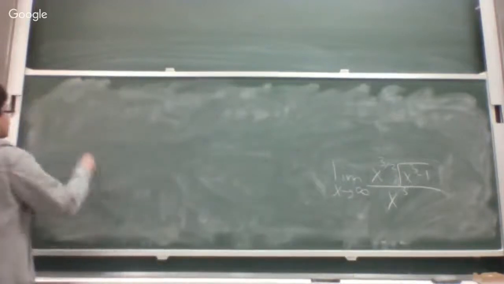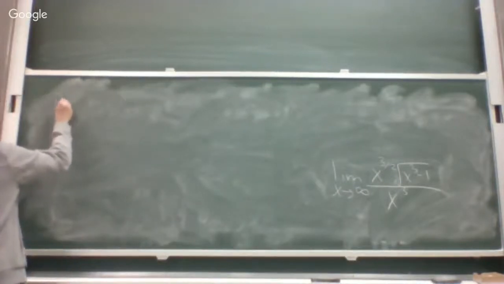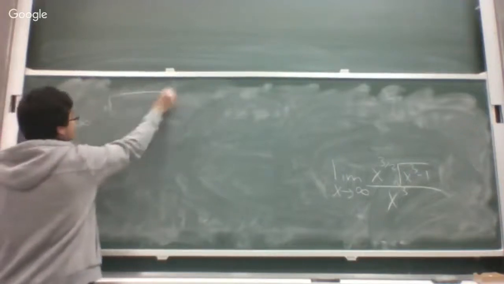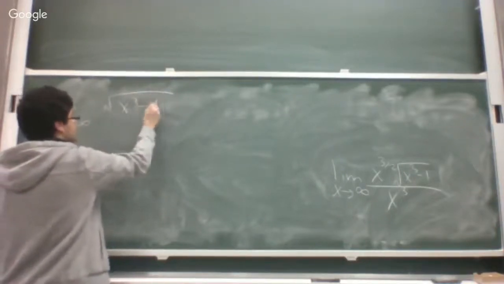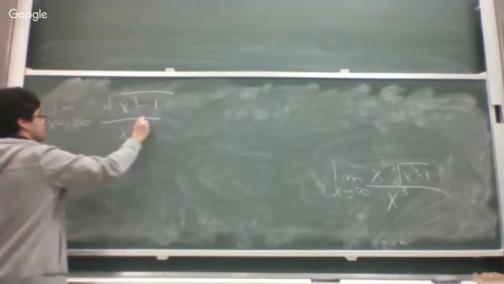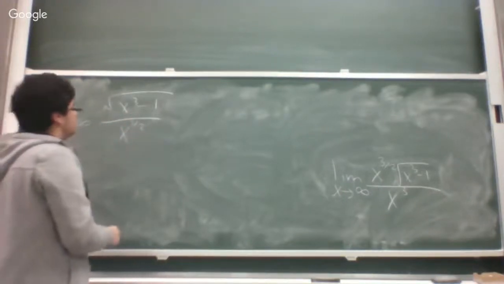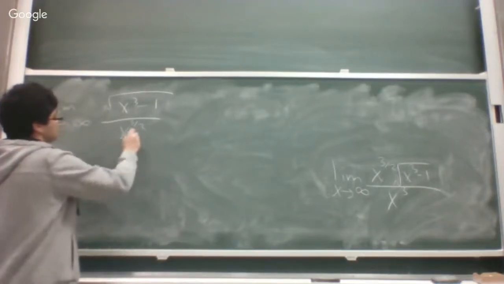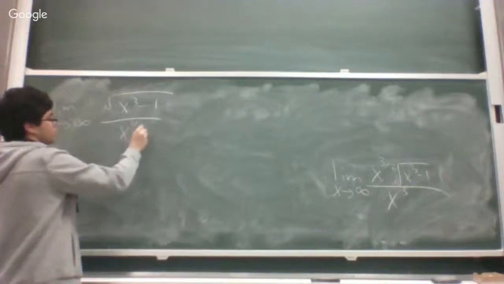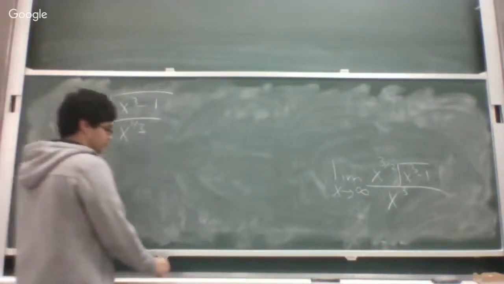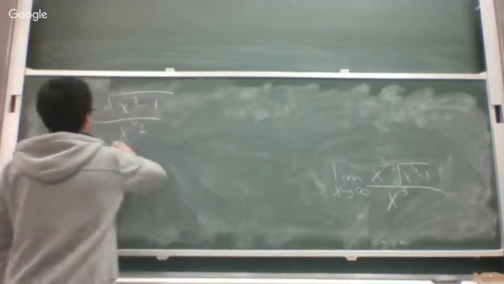If we try to simplify that, we have the limit as x approaches infinity of the square root of x cubed minus 1 divided by x to the 3 halves. This is x to the 3 halves. So we can rewrite this.